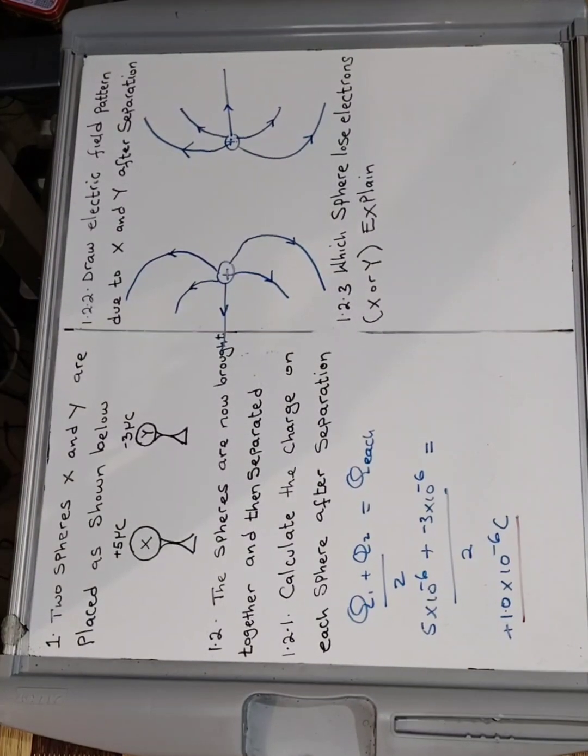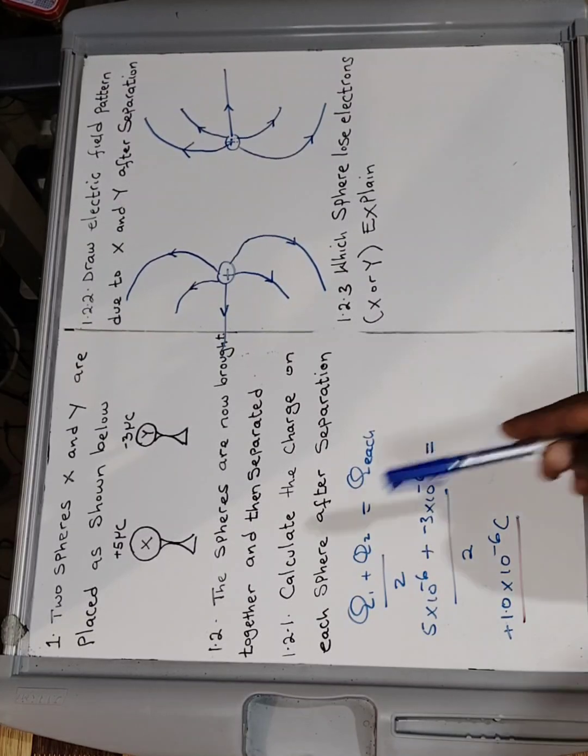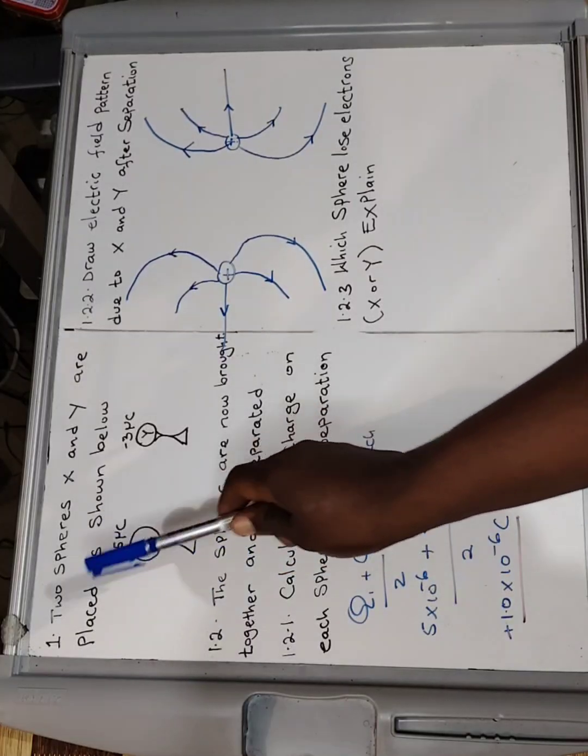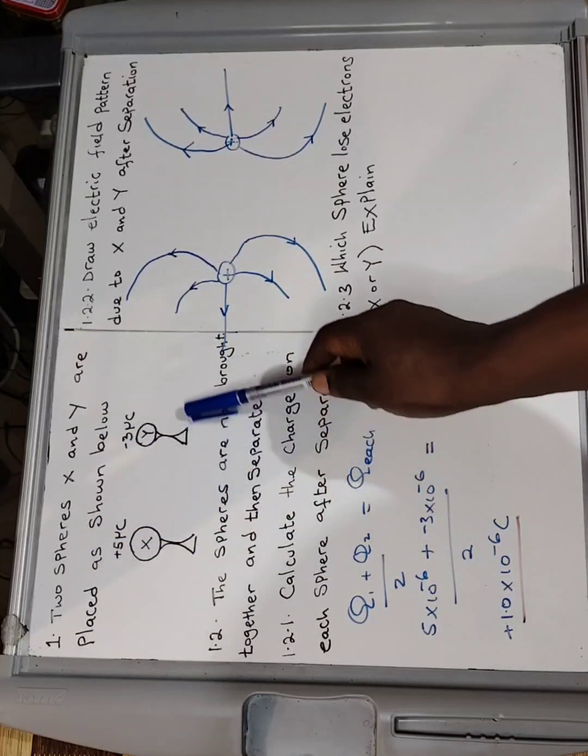Then comes this question, 1.2.3. It says, which sphere loses electrons? You have to say X or Y and explain. Let's go back to our spheres. This is positive and this is negative.